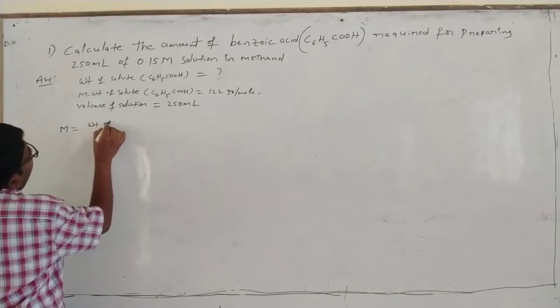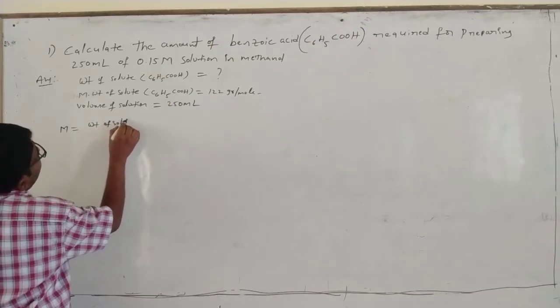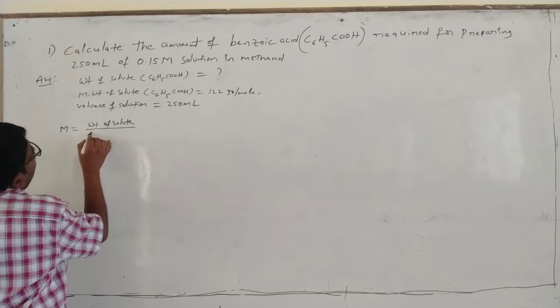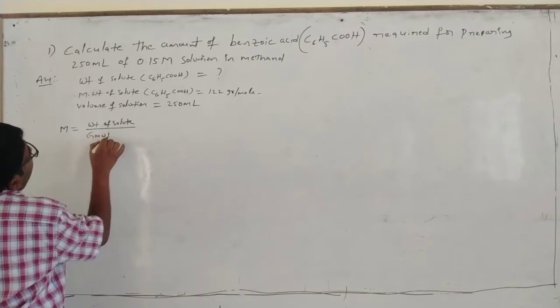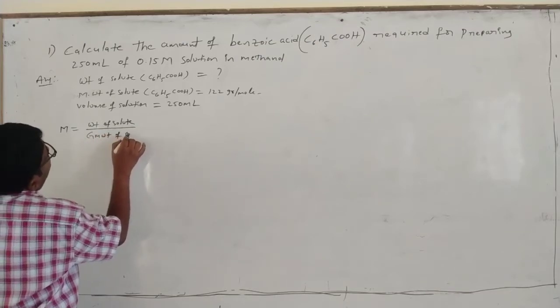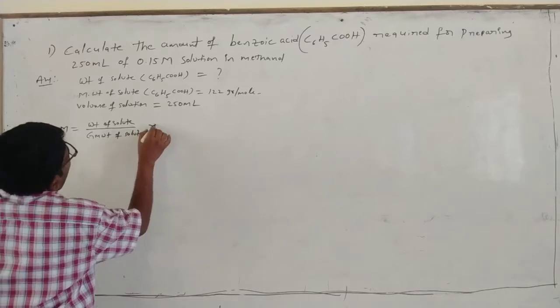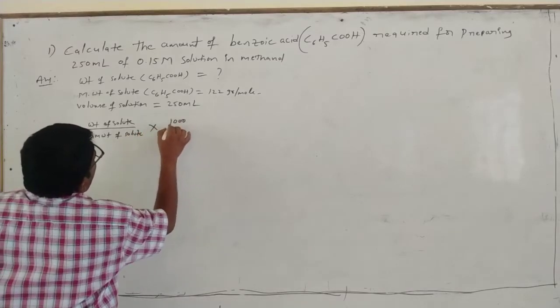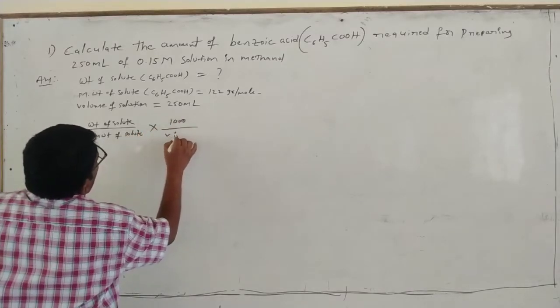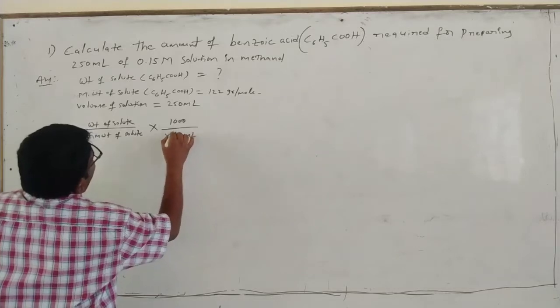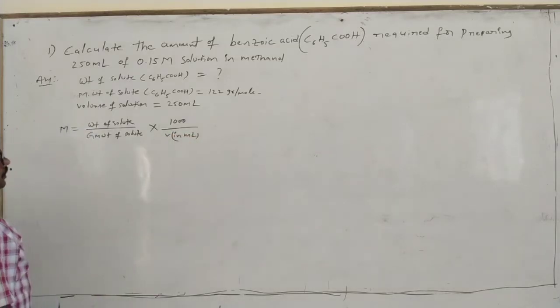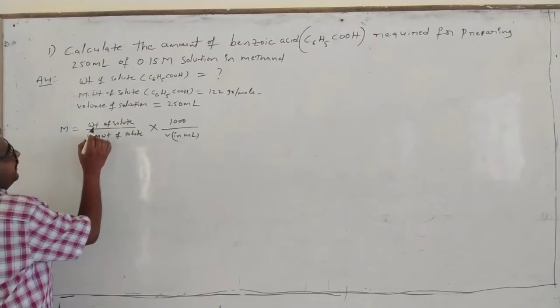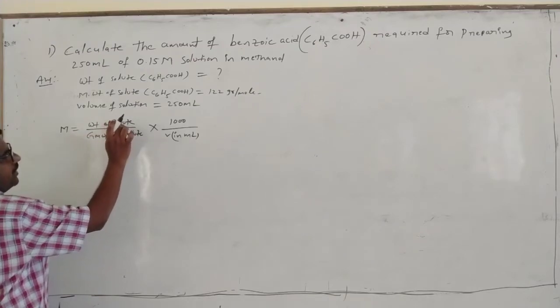Weight of solute divided by gram molecular weight of solute, into 1000 by V, the volume in ml. Isn't it? Now what do we calculate? Weight of solute. Now we have to calculate this one.